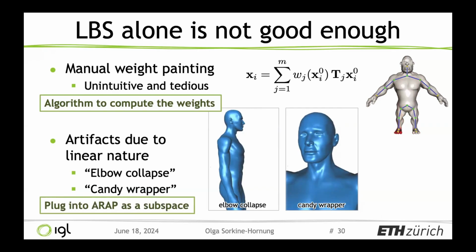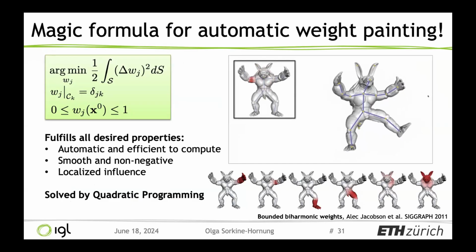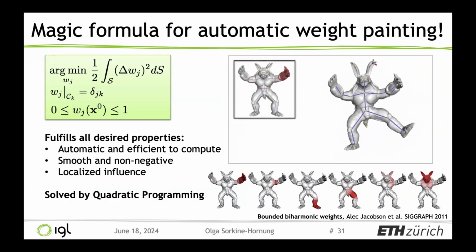And here the idea is indeed to use this smart energy optimization that we had before that produces the correct rotations and everything to get rid of these artifacts. So I'm not going to go into the details of this, but I just want to say that Alec Jacobson invented a magic formula to compute the skinning weights automatically.